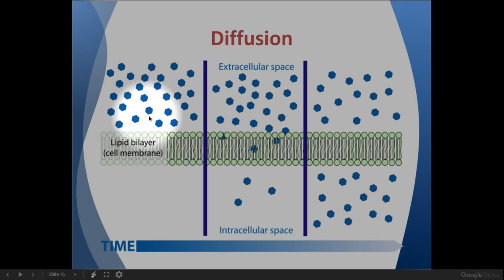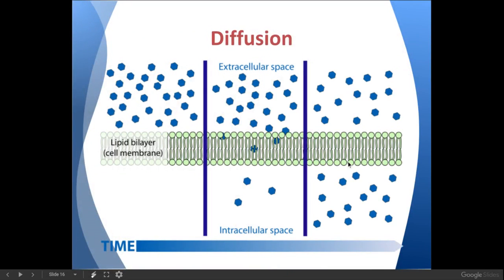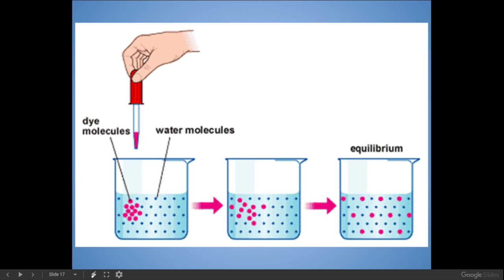As we can see through these pictures here, this is the first step, this is the second step, and this is the third step, until we reach what we know as equilibrium, where we have an equal number on both sides. Now, this does not mean that the molecules stop moving. It just means that as one molecule moves in one direction, you will generally get a molecule moving in the opposite direction. And that is equilibrium.